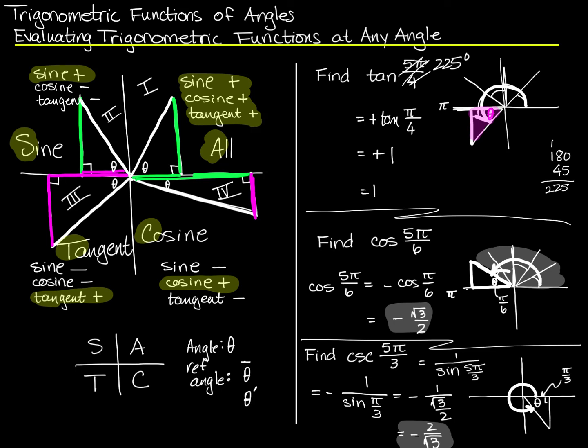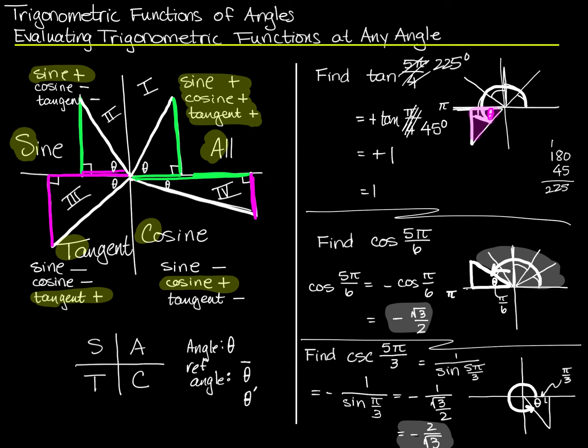Then I would have said, well, that's 180 degrees. So what's my reference angle? It's whatever this number is minus the 180 degrees. That's going to give me 45 degrees, right? But I'm still in quadrant 3, where tangent is positive. All students take calculus. Quadrant 3, tangent is positive. So I'm going to have a positive tangent of 45 degrees, and the tangent of 45 degrees is still 1, because 45 degrees is just a different name for pi over 4.